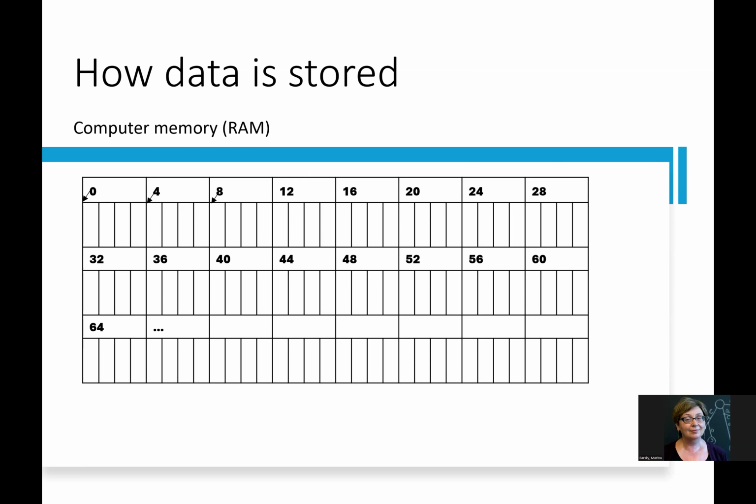Let's bring our attention to the computer memory, which is called RAM, Random Access Memory. This is the place where we store our data during program execution. We can visualize computer memory as a grid of cells.